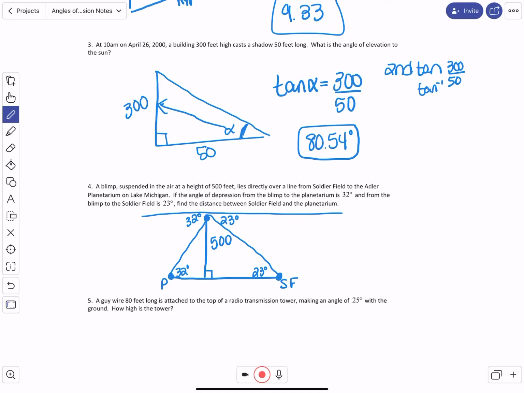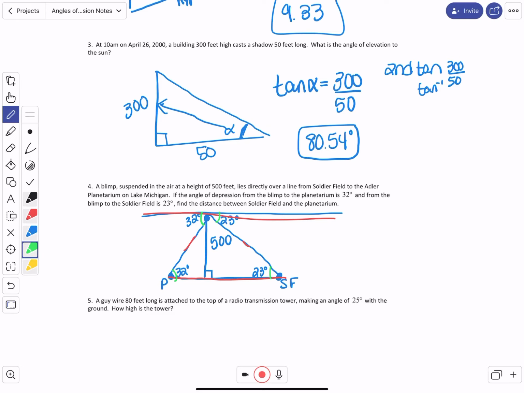So just for right now, take my word for it: this line and this line are parallel, and this line is a transversal. So these are considered alternate interior angles. For right now, know that this angle and this angle are going to be the same, and then this angle and this angle are going to be the same. We'll learn about that more specifically later on, okay?